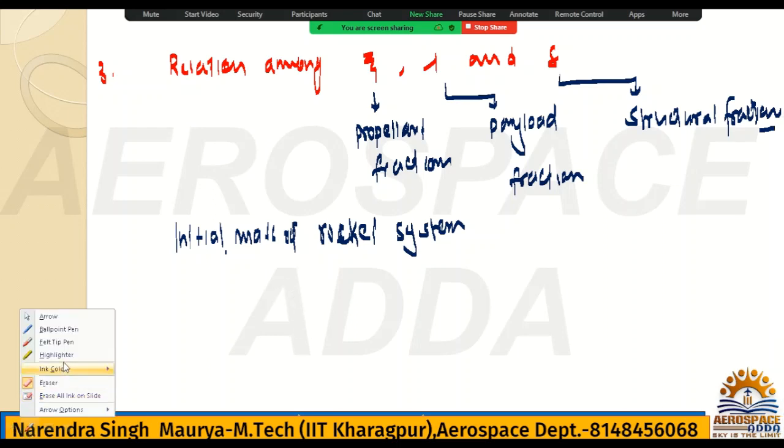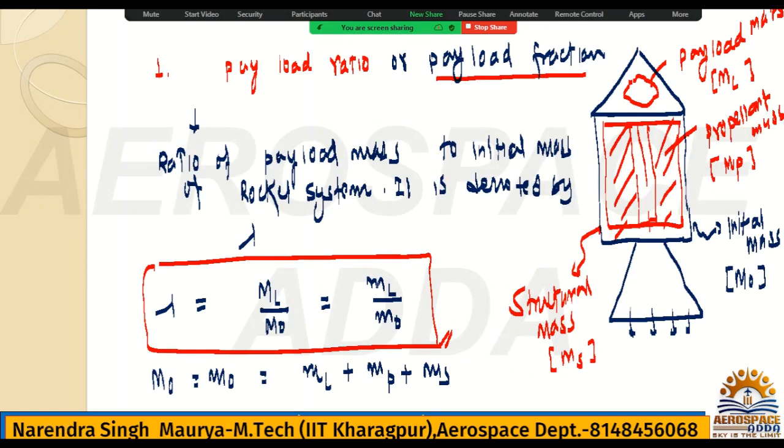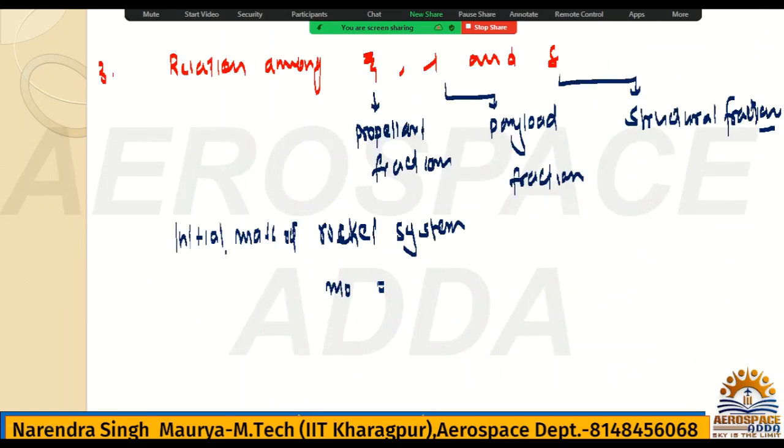Check the diagram, the previous diagram, it is m0. For this rocket system, check how to calculate the mass. It is mass of the payload plus mass of the propellant plus mass of the structure. So we can write m0 equals mass of the payload ml plus mass of the propellant mp plus mass of the structure ms. Both sides you divide by m0.